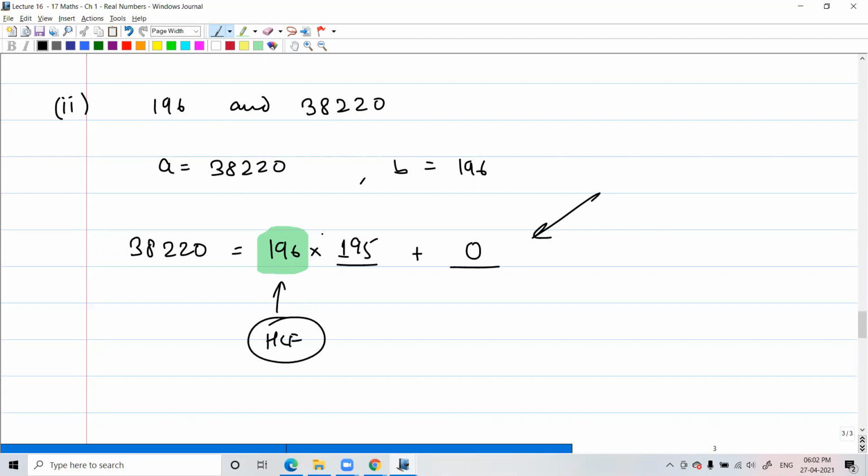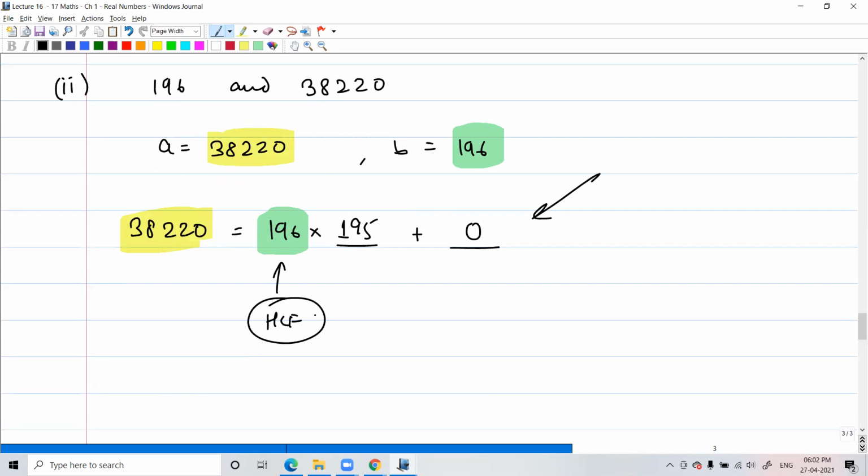Okay. Remember, B is the one which we had taken as the divisor, and A is your dividend. So it has to be 196. Don't confuse with 195. Is everyone okay with this? Confirm, guys, everyone?